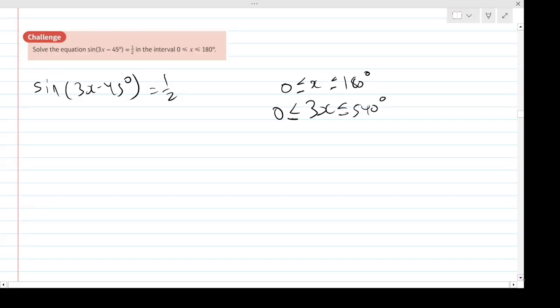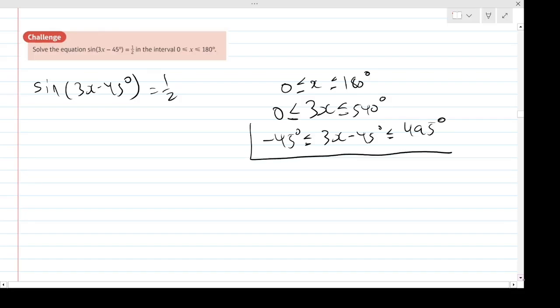So from 0 I get minus 45, then 3x minus 45, and then 540 minus 45, I get 495. So that is our interval with the actual input we've got, 3x minus 45. That's what we're working with.